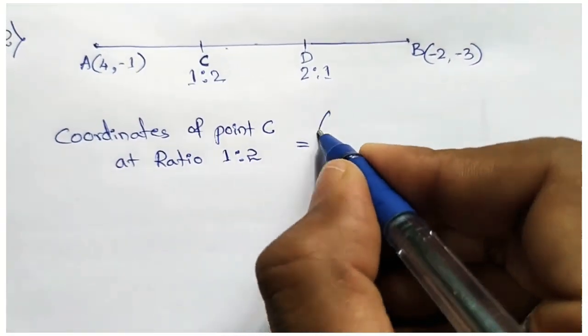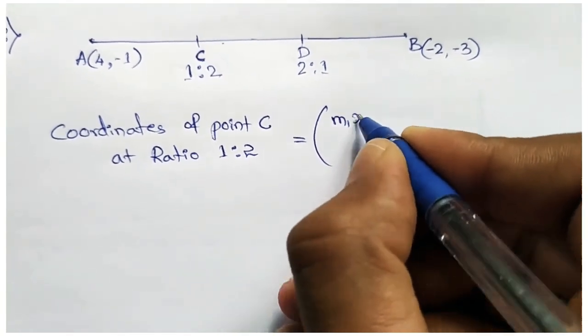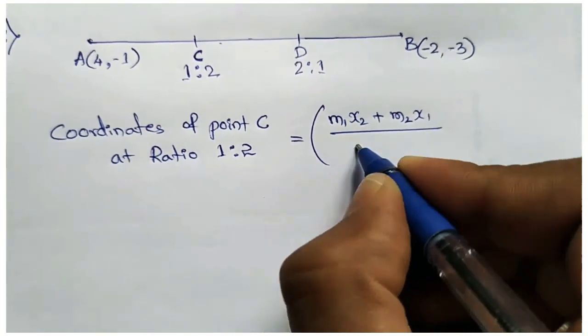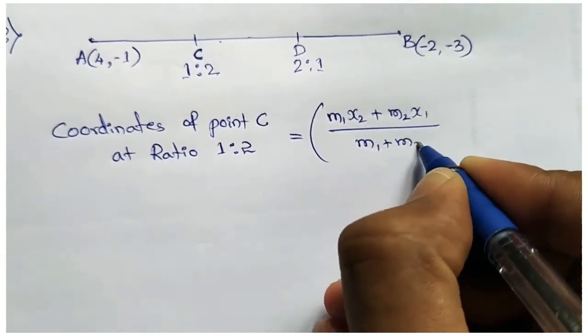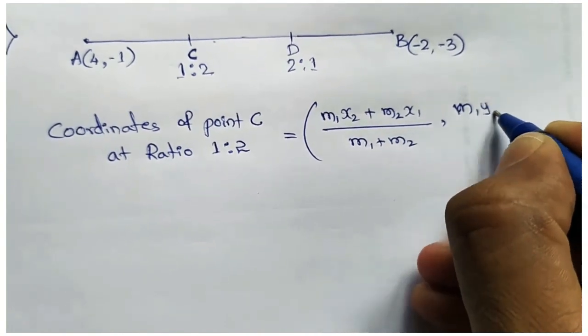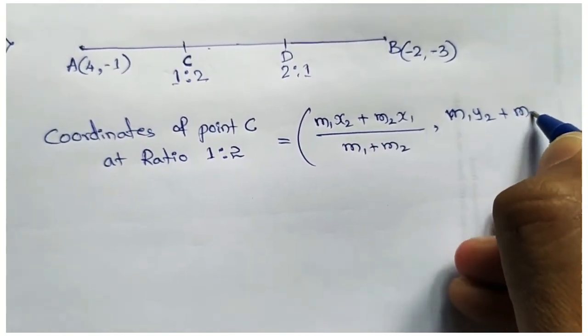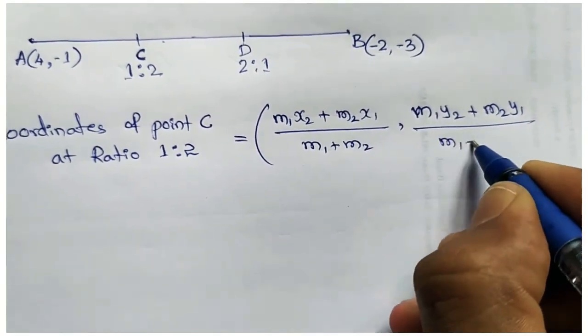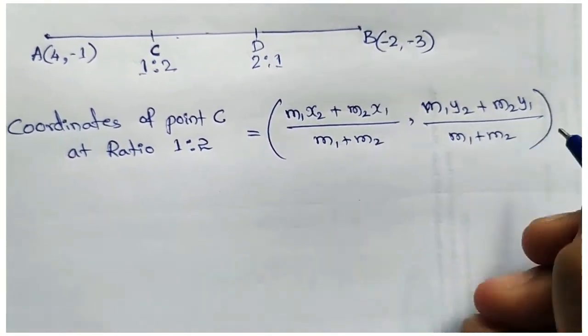So what is our formula? m1 into x2 plus m2 into x1 divided by m1 plus m2, and m1 into y2 plus m2 into y1 whole divided by m1 plus m2.